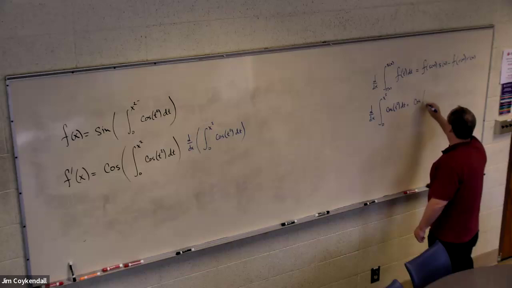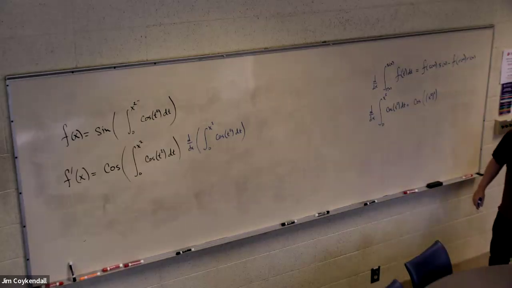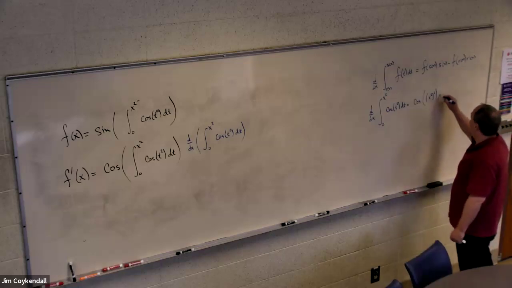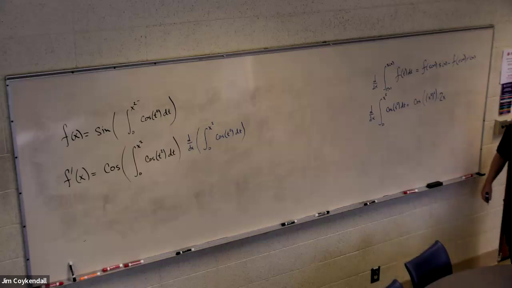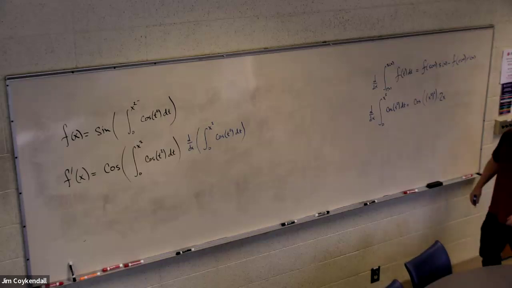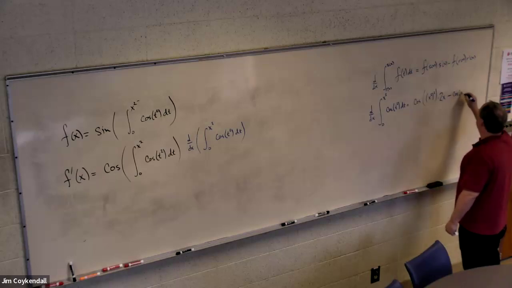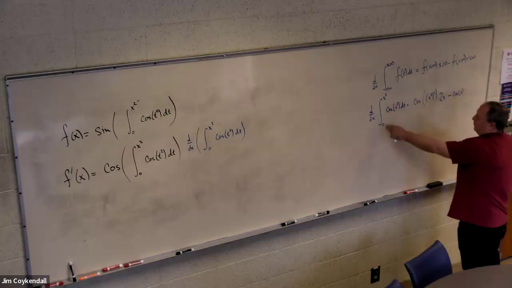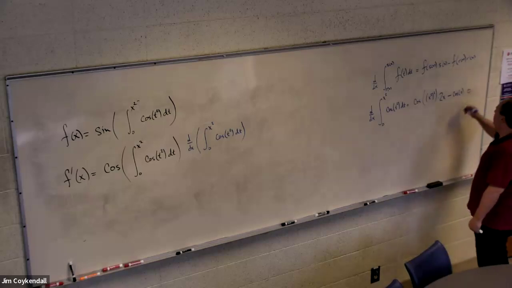So you get cosine, replace the t by x squared, times the derivative of what's on top, which is 2x. And the other piece is going to go away, because what you get is minus cosine of 0 times the derivative of 0. It's the derivative of any constant, times 0. So this piece is gone.